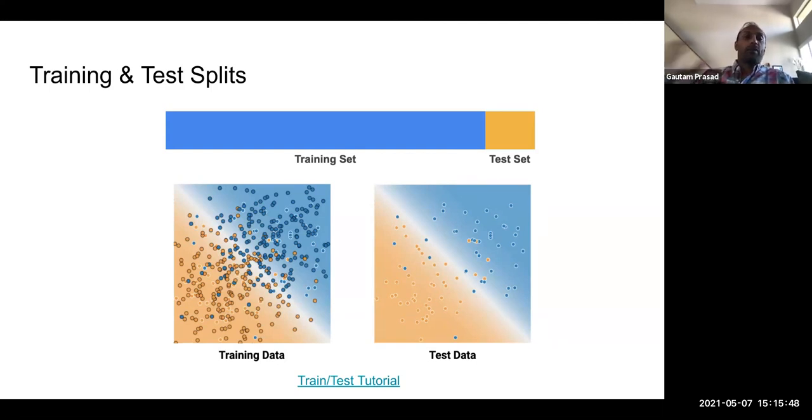But one of the biggest problems that can come up here is if you only have one test data set, oftentimes you can just keep relearning your machine learning algorithm so that you keep coming up with new versions that do better and better on your test set.